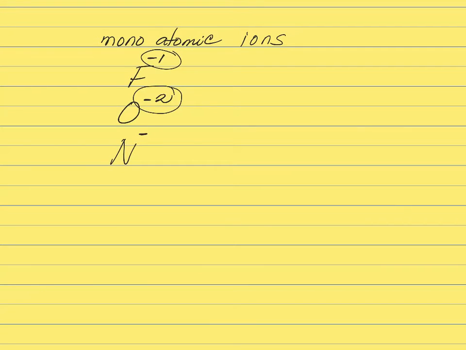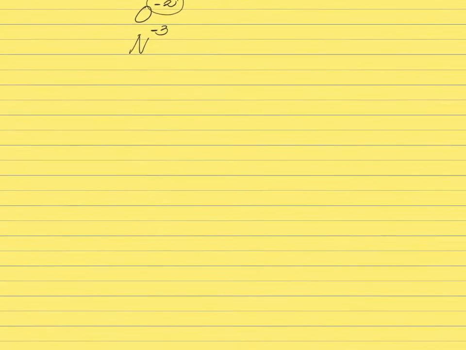Over here is another example of a monatomic ion, and as you can see, you have only one non-metal. How are we going to name ionic compounds that are made of monatomic ions? Let me start with the first example.